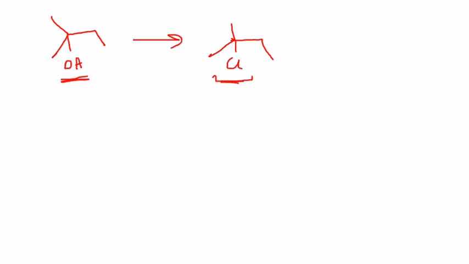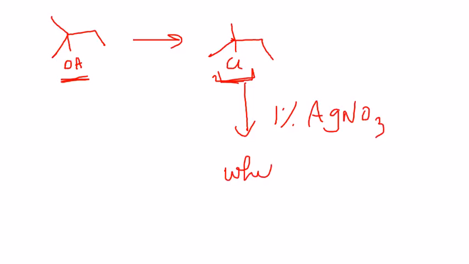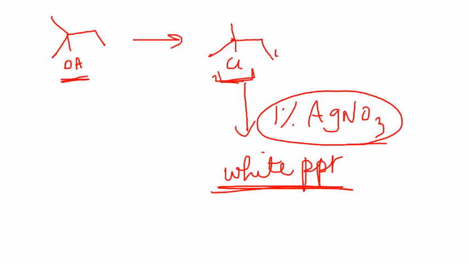It's in the nature of a tertiary halide that when you mix it with 1% silver nitrate, it's going to give you a white precipitate. So you should see a white precipitate when you mix 1% silver nitrate with your product. That would not happen in case of your starting material.